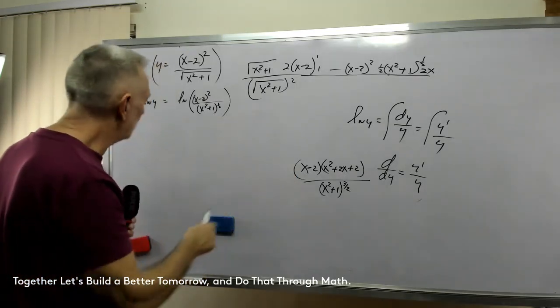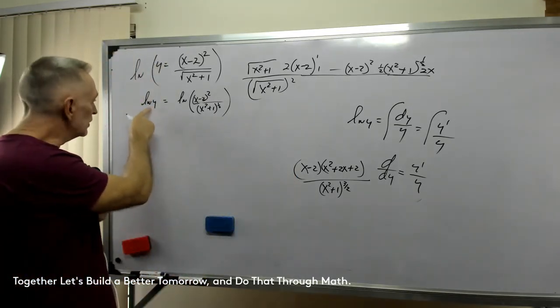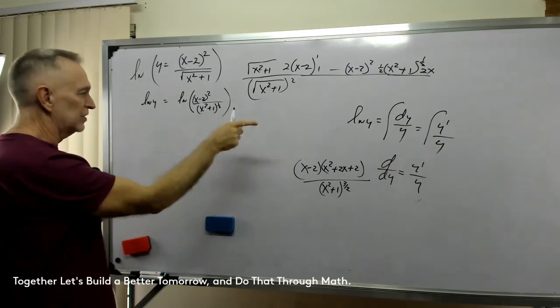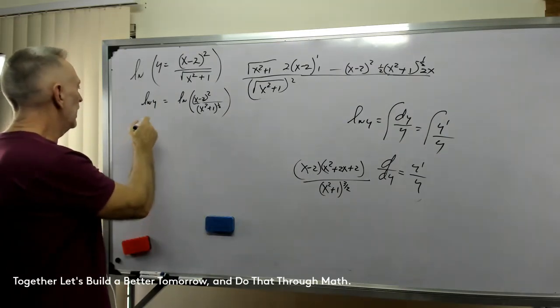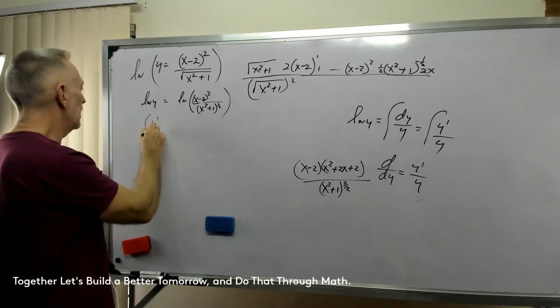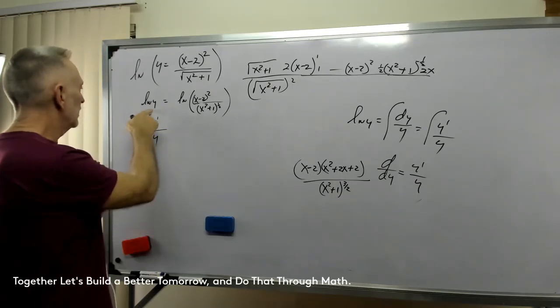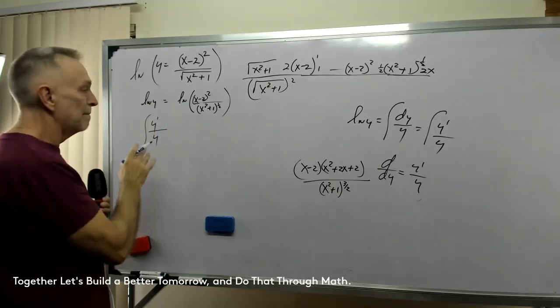Keep that in mind as we go forward, because that's the same scenario we have right here: the natural log of y is the integral of y prime over y.